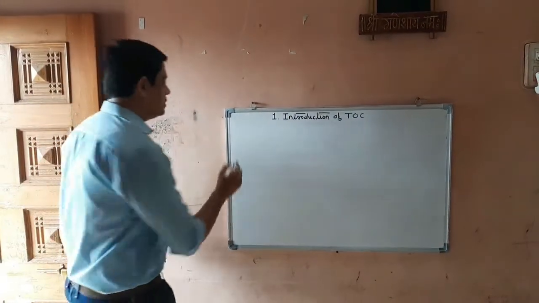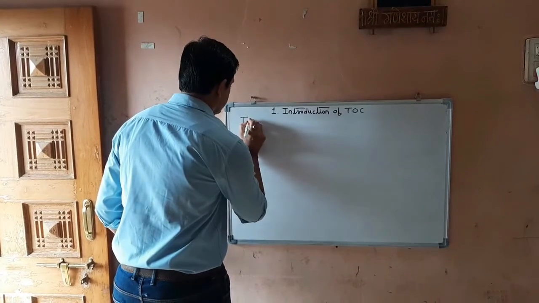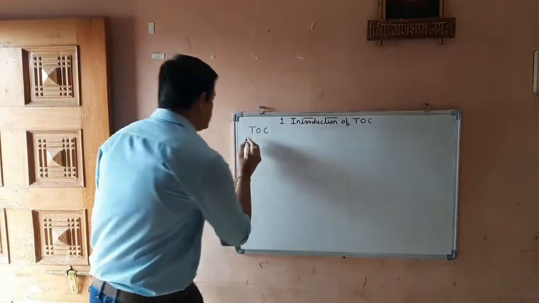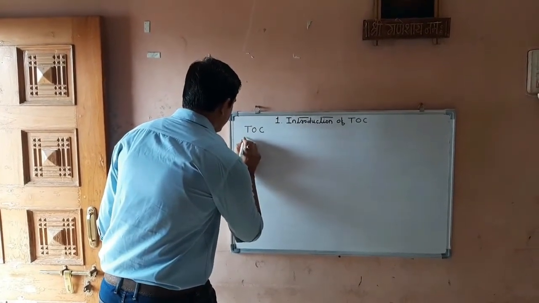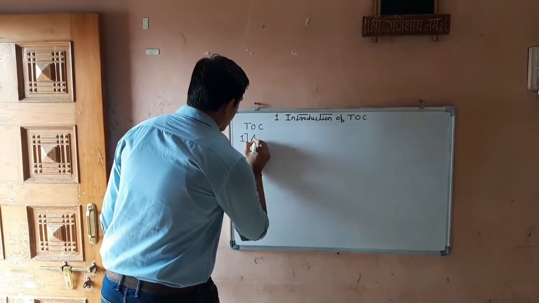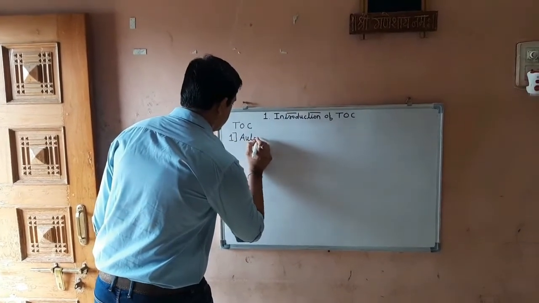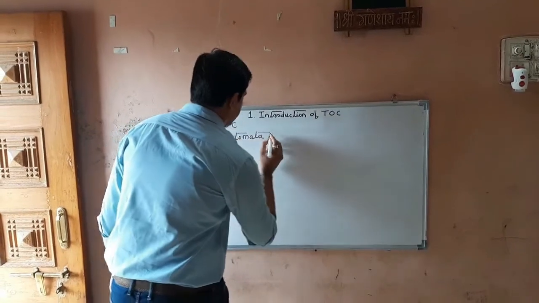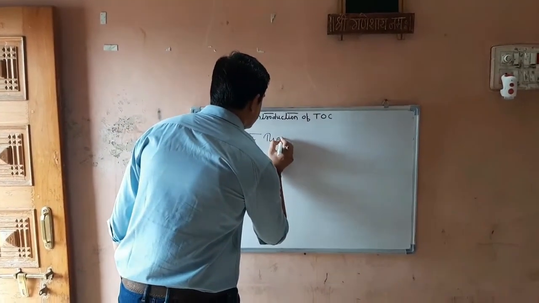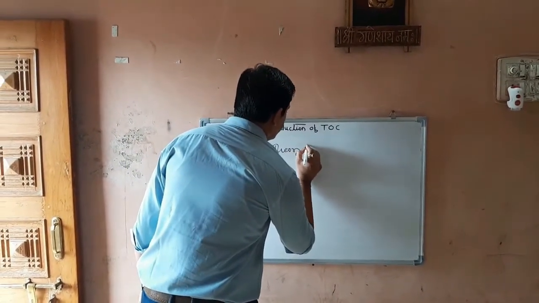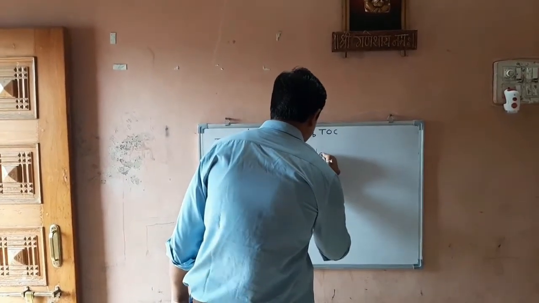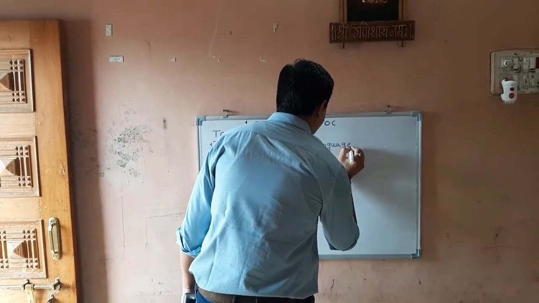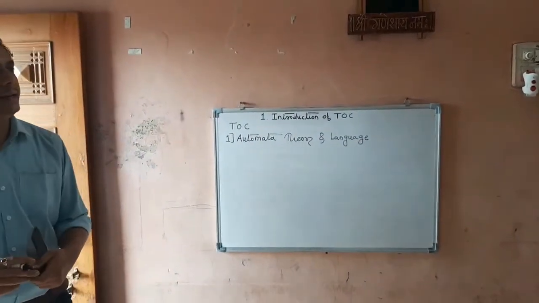First one is automata theory and language. What is the meaning of automata theory and language?